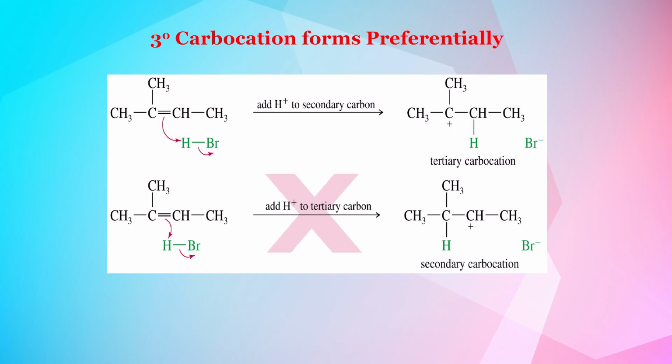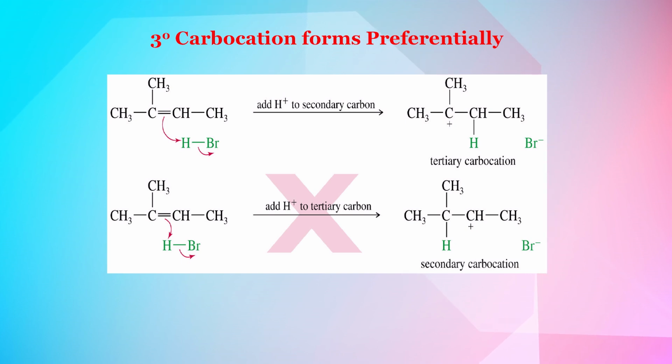In the second case, hydrogen is attached to the carbon which is attached to 2 methyl groups. Let's go back to the first reaction. In the first reaction, hydrogen is adding to a carbon attached to 1 hydrogen and 1 methyl group, and we get a tertiary carbocation.